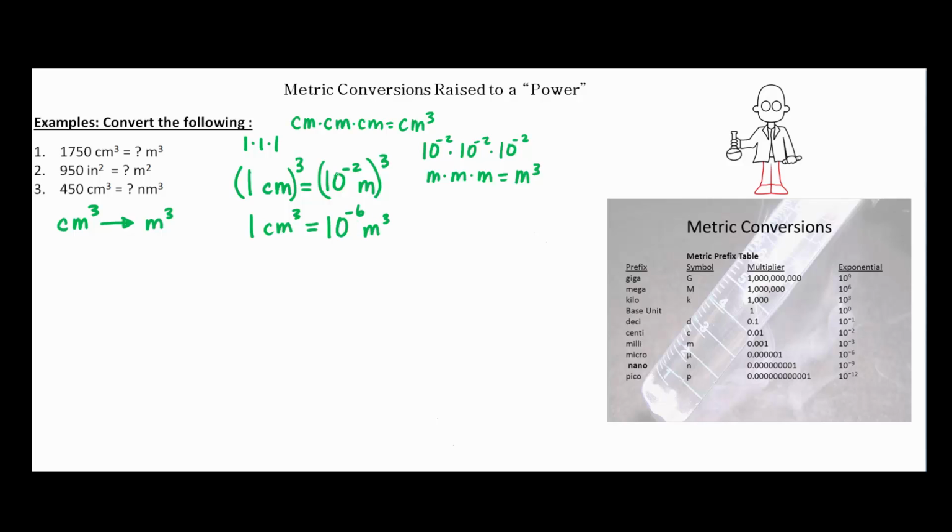Or else, if I use this 10 to the minus 2, I could just multiply the indices of minus 2 and 3 and simply get that negative 6. I just wrote this out so you could see where it all came from. So this is the conversion factor that we need.